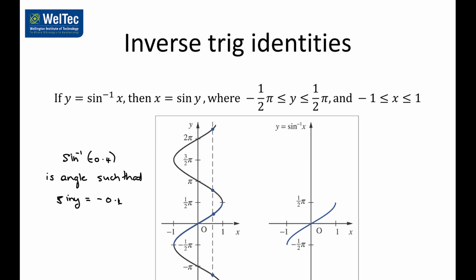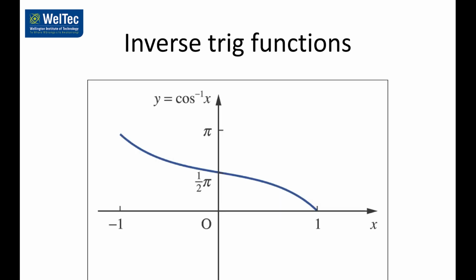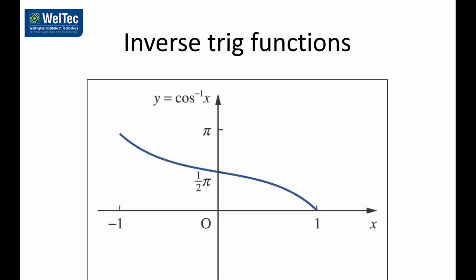So if we look at our curve, we can find that y must be negative 0.4-ish. Here we've limited y to being less than pi, and we've limited x as being between negative 1 and 1.